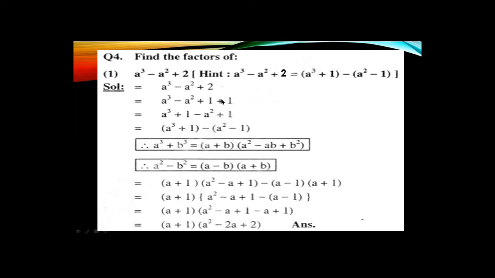Now what we are going to do, we will use this plus 1 with a cube, and we will use this plus 1 with a square. Now rearrange this step, like a cube plus 1 minus a square plus 1.